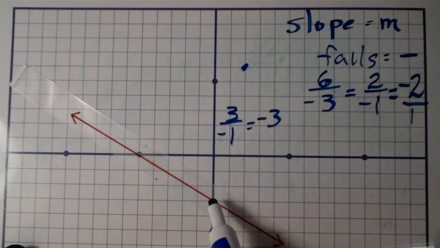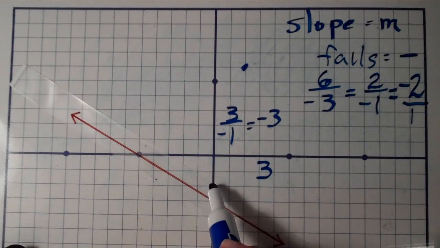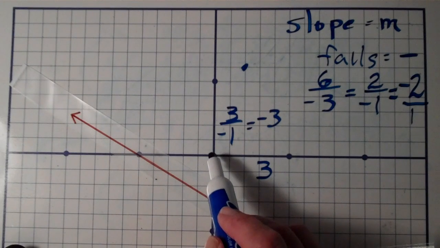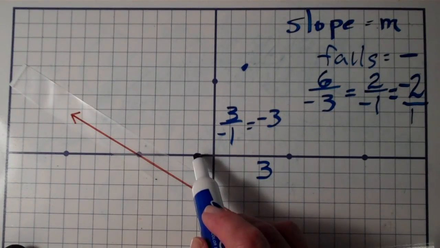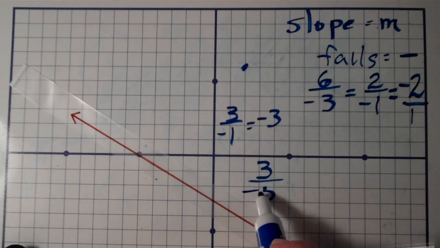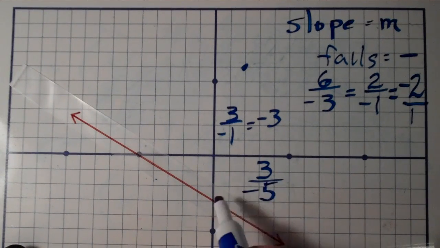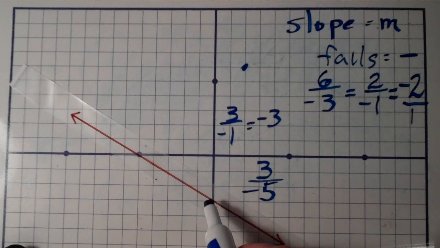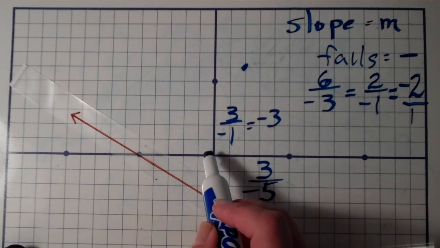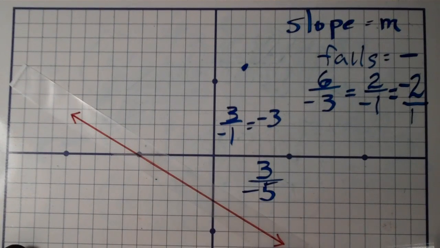If I started from this point, the rise would be 1, 2, 3. I'm going to write that down. 1, 2, 3 is my rise. And then to get to the line, I'm going to run in the negative direction, 1, 2, 3, 4, 5. So this is a slope of 3 over negative 5. Anywhere along the line, I could go up 3 and over negative 5 and still be on the line.